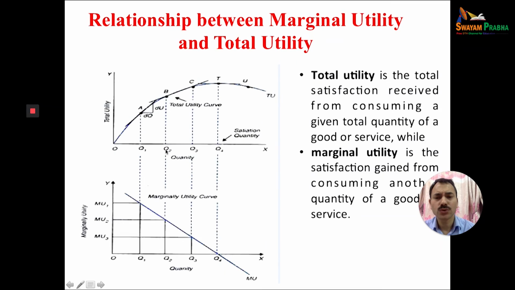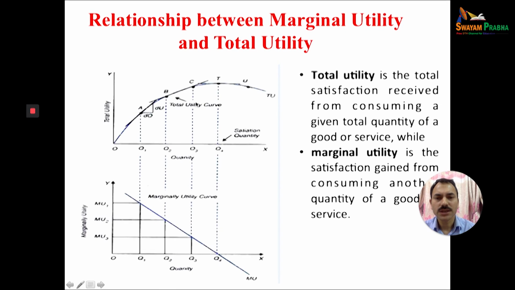From Q1 to Q2, the total utility increases from A to B, but marginal utility decreases from M1 to M2. As you see from this diagram, total utility is increasing, whereas marginal utility is decreasing.